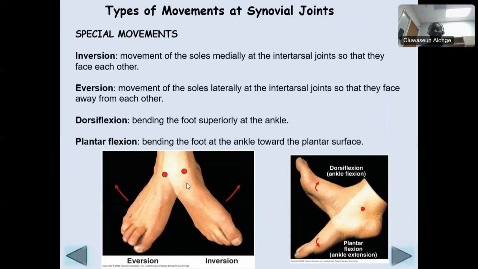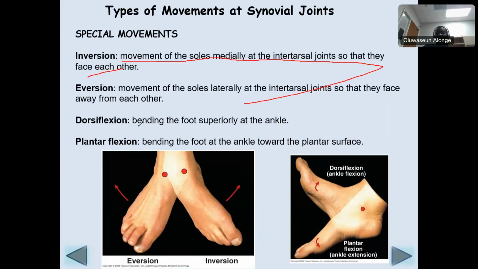You turn it inward, inversion. Inward, you tuck it inward is inversion. So inversion is movement of the soles medially at the intertarsal joint so that they are facing each other. That is inversion. Then eversion is when you are moving it outside or laterally.